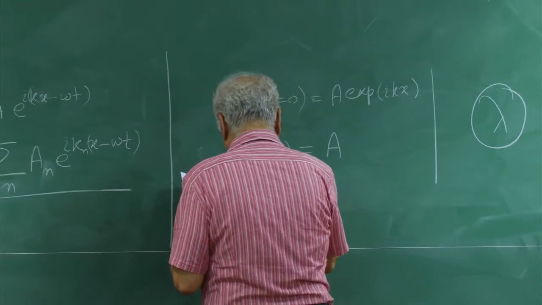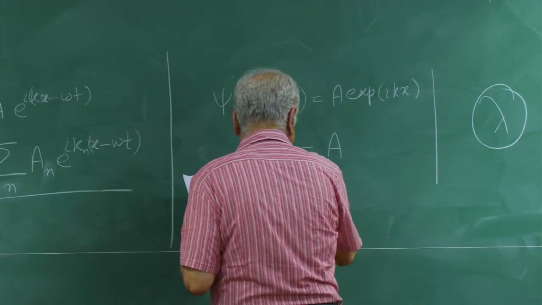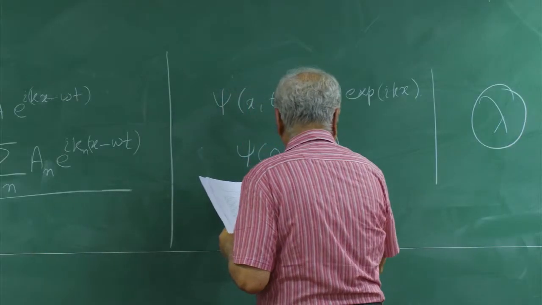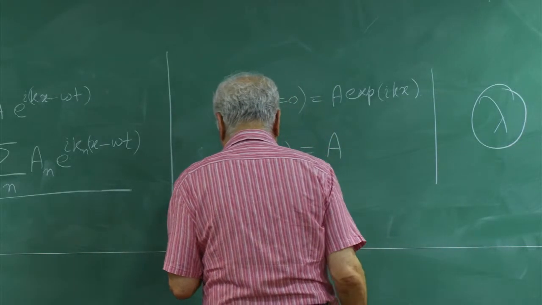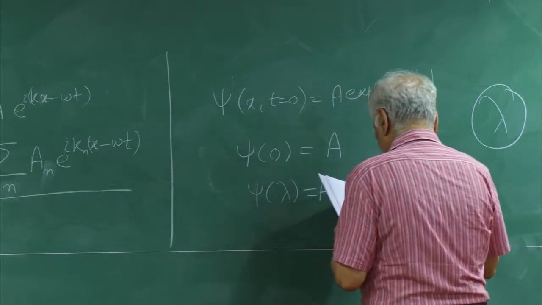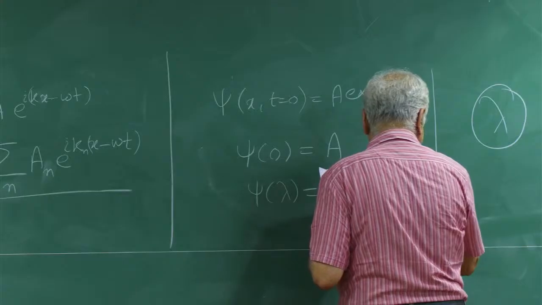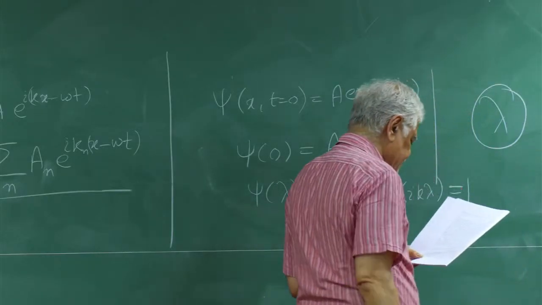So I want to find out the distance λ such that ψ(λ) equal to A. For this to be true, I must have exp(ikλ) equal to 1. That is right.